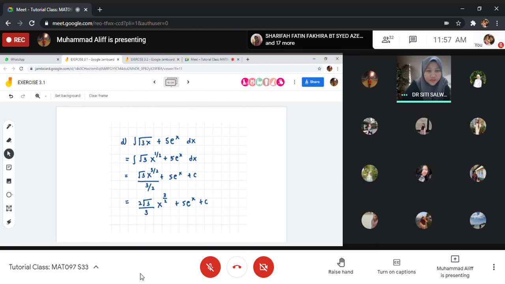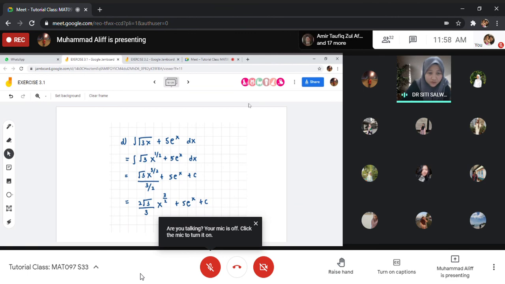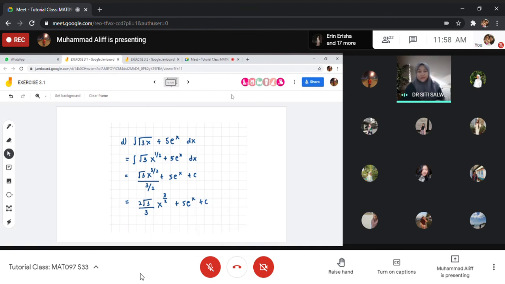Square root x you integrate as usual, power plus 1. And then you have 3 over 2 over 3 over 2. So the numbers in the first term you simplify, you bring it and change its position, so you get 2 square root 3 over 3, x to the 3 over 2, plus 5e to the power of x. Okay, so is the rest the same? The same. Okay.